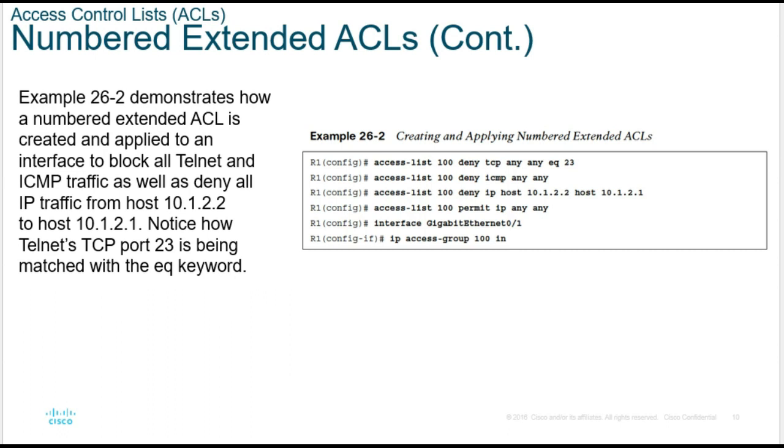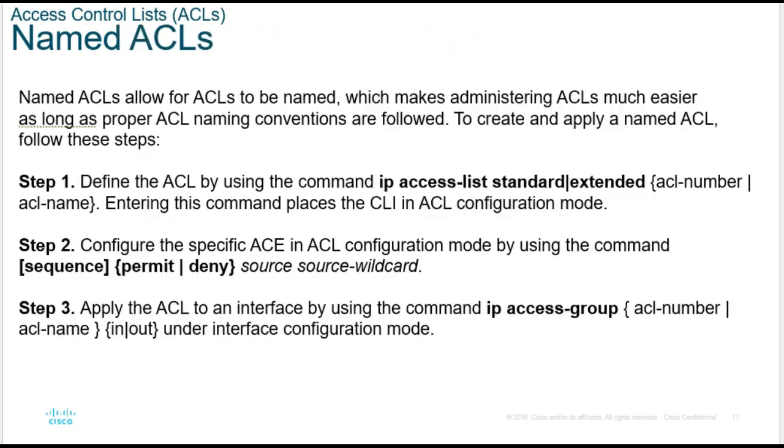So here example dia menggunakan port number 23 for telnet and also we use ICMP untuk specify ICMP traffic. So dekat ujung ACE, kita akan letak permit ip any any, source and destination. Okay, untuk kita override deny any.